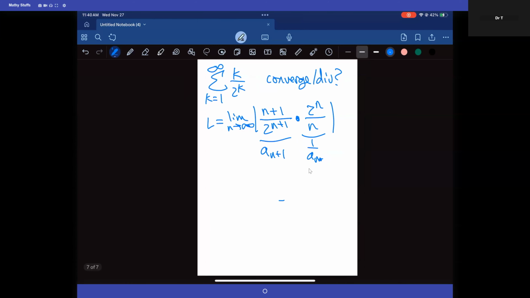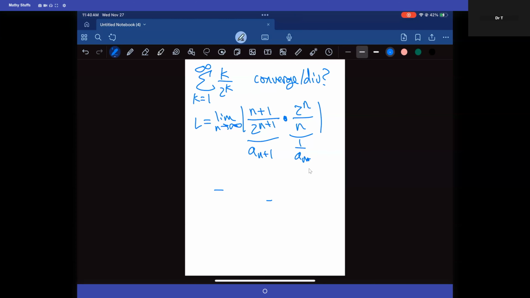All right, well, hopefully you've got that limit by now and you've done the simplification. This is the limit as n goes to infinity of, as I said, the n plus 1 and the n do not cancel. But the 2 to the n over the 2 to the n plus 1 cancels to 1/2. So I've got 1/2, and then this stuff here that's moving.